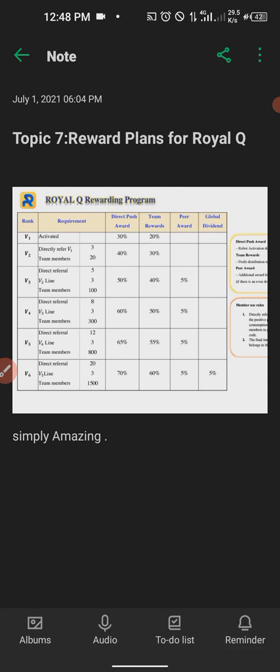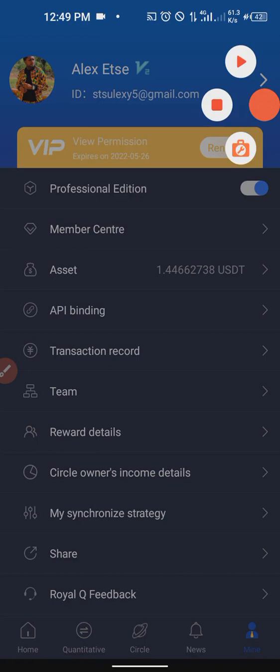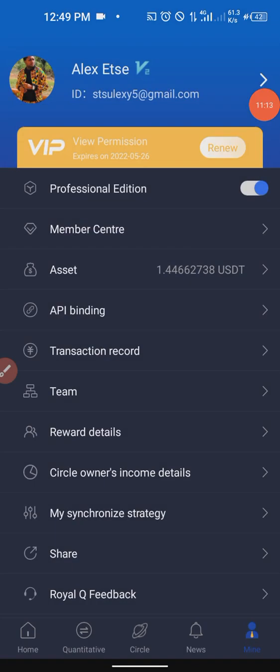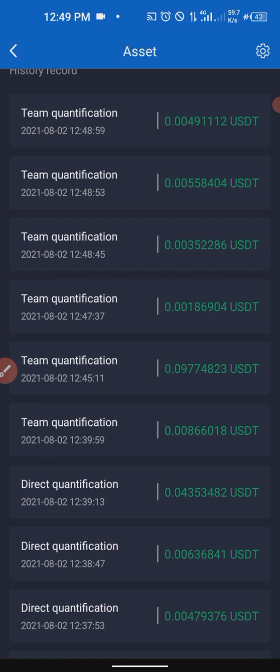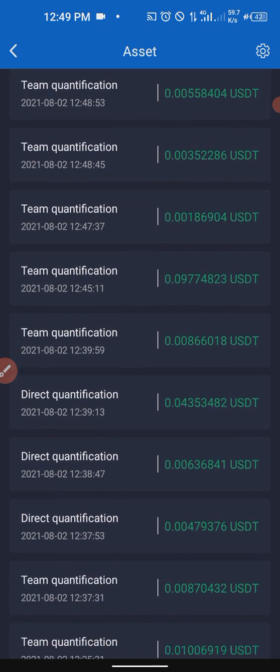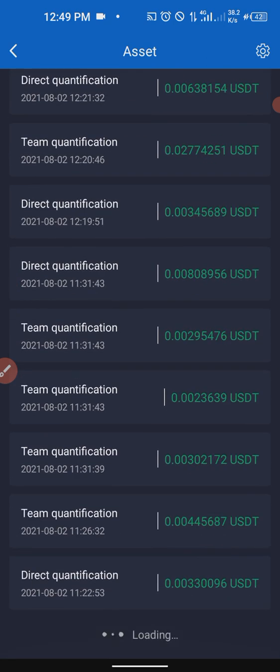So now let me go to my networking account. I focus more on networking on that particular Royal Q account. So you can see what we're talking about. So this is my networking account now. When you come here, you're seeing greens, right? Team qualification, team quantification, all these little percentages, all in greens.